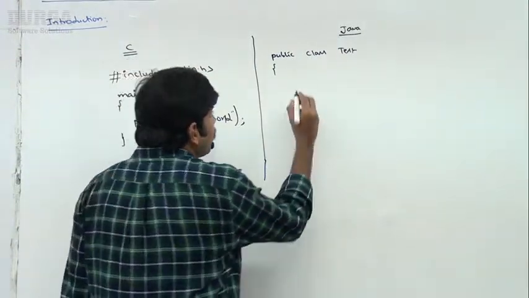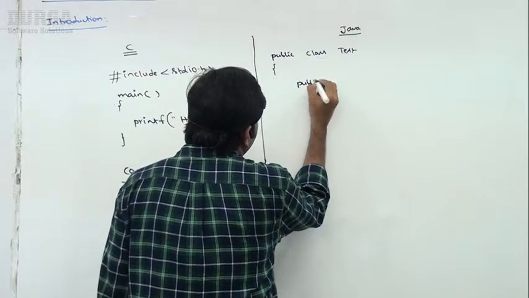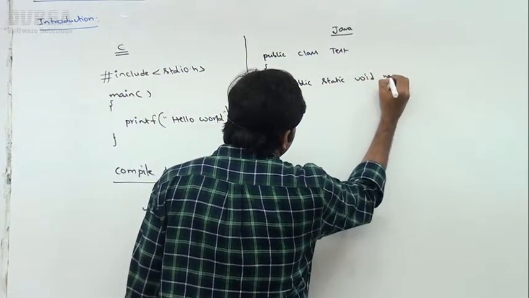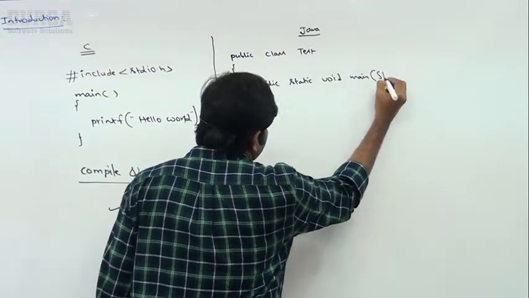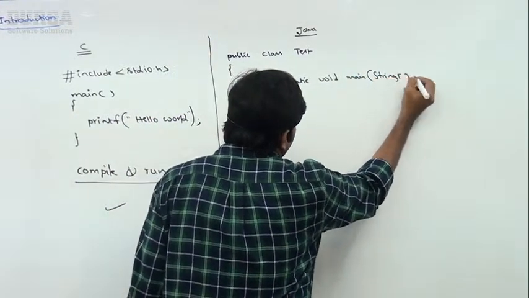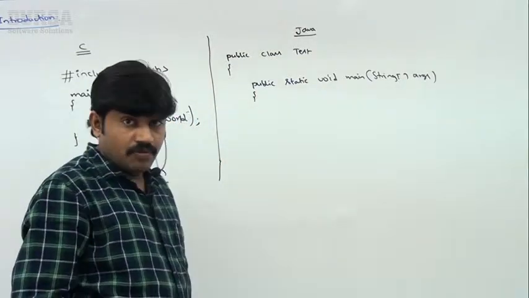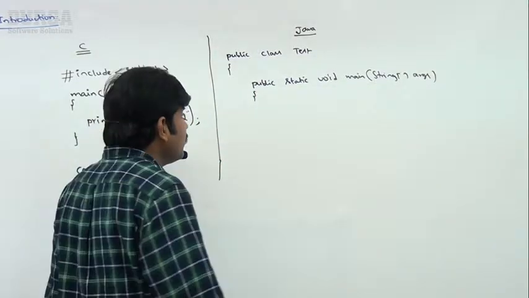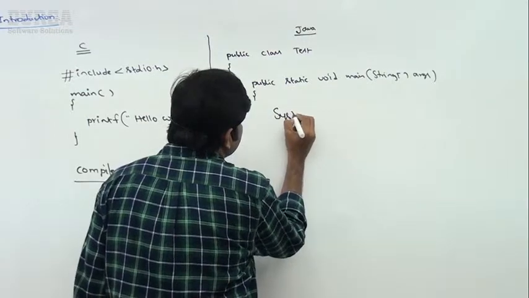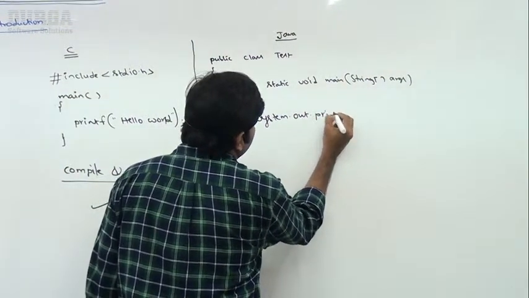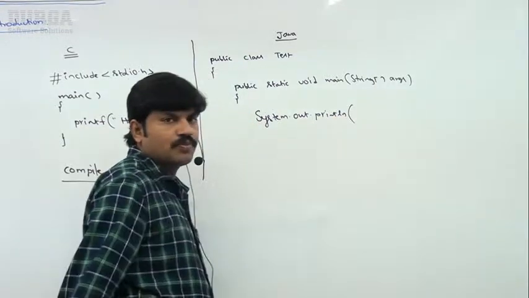Public class test, and then public static void main string array args, and then System.out.println.